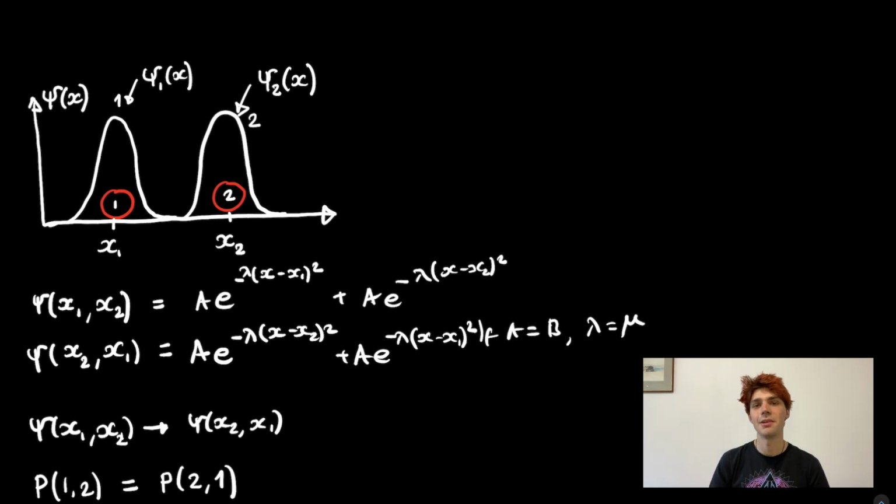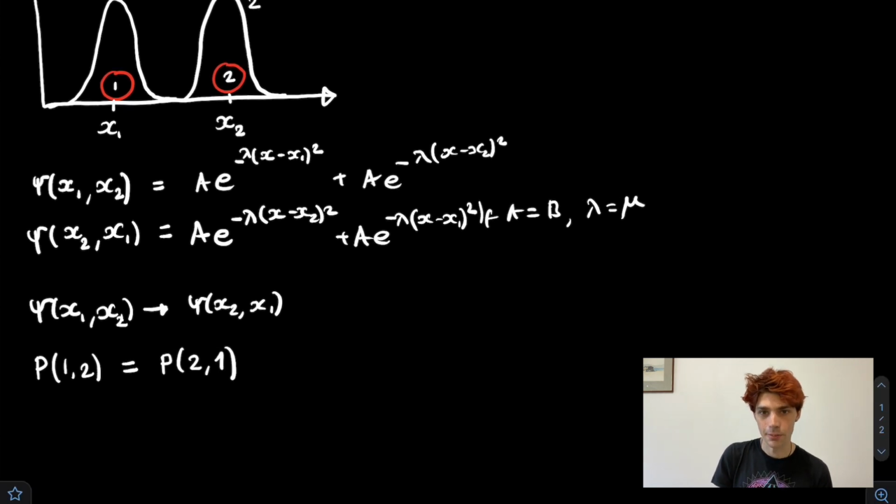Now, what did we say was the relationship between probability and wave function? Well, as you hopefully know from quantum mechanics, the probability is equal to the modulus of the wave function squared.